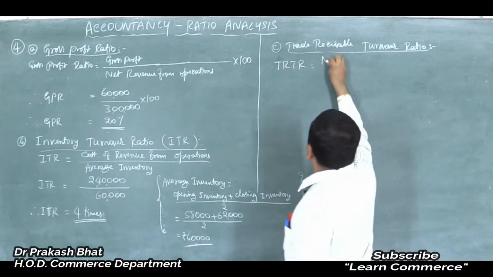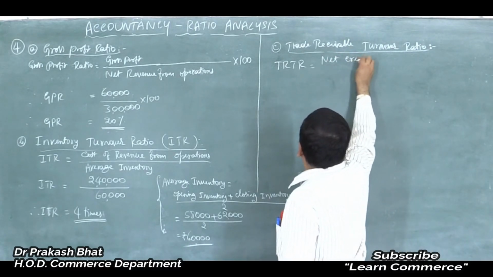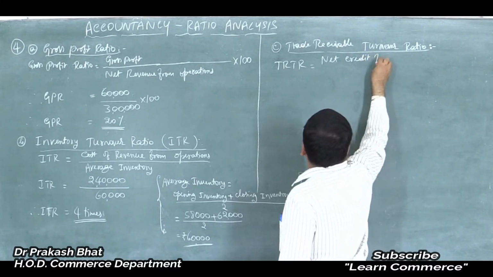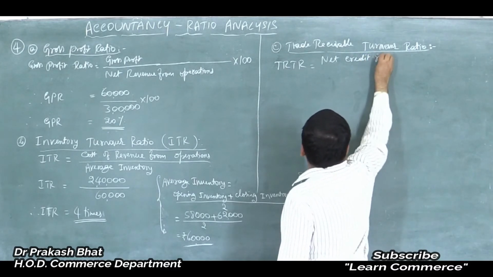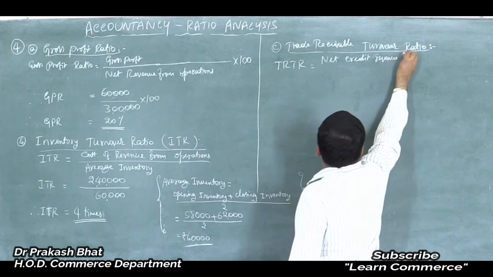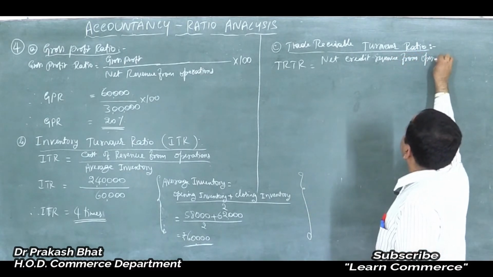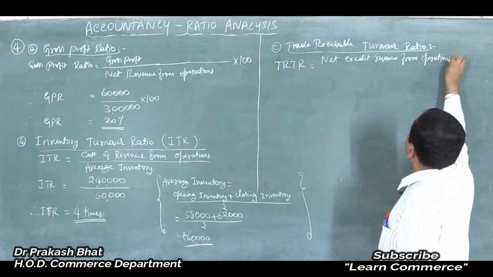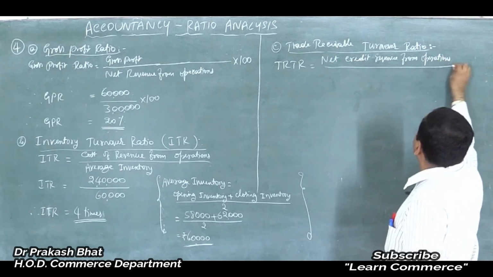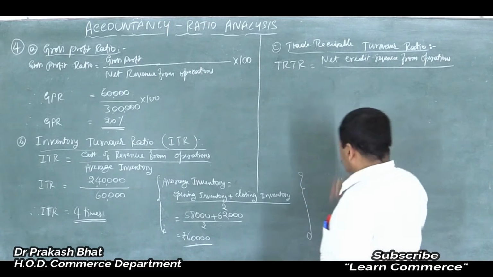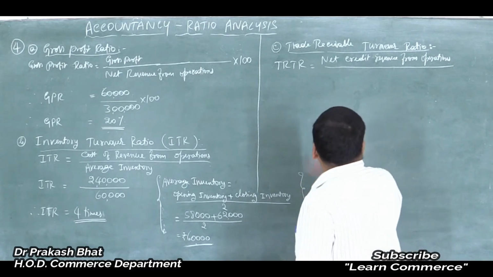So net credit revenue from operations divided by average trade receivables.